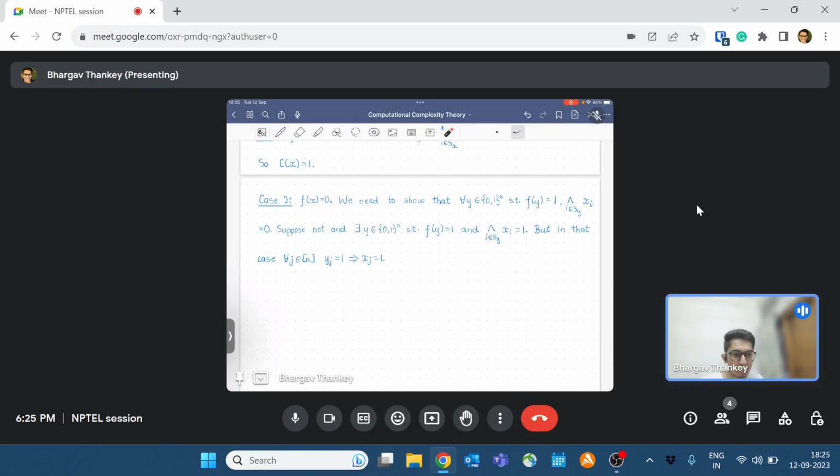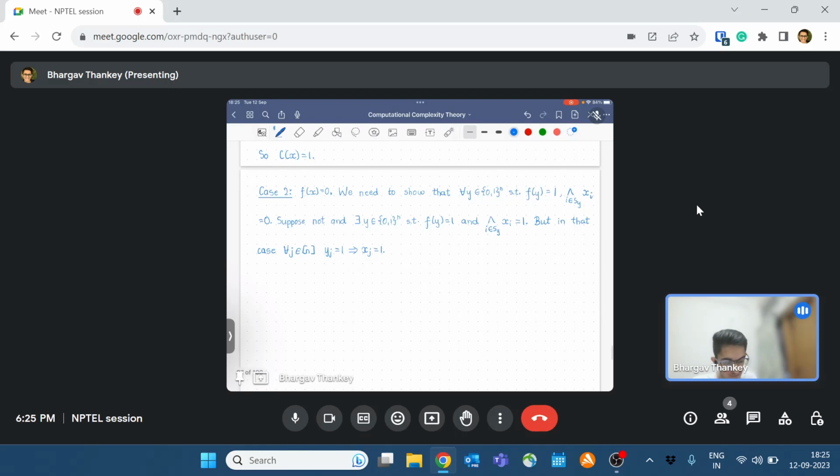Sy is the set of all indices where yj equals 1, right? And this gate evaluates to 1. What does that mean? That means that whenever yj equals 1, xj has to be 1, right? So is this claim clear? Yeah, because this is the crucial part of the argument.